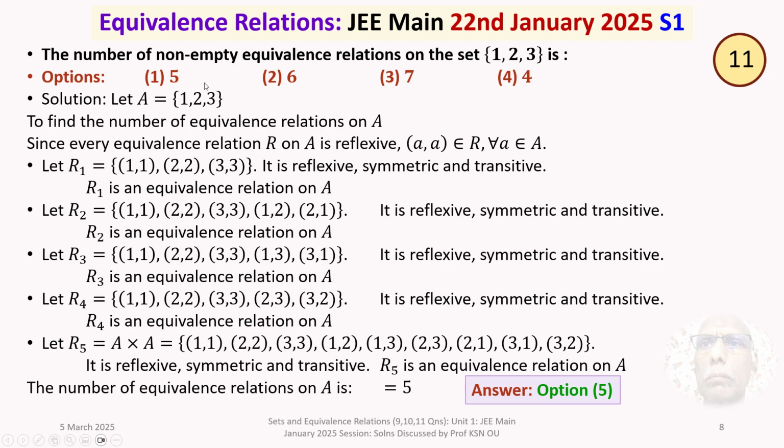There are methods of doing it. Please prepare notes on order 3, order 4, order 5. This is a very elementary method that I have shown you, and it is worth making notes on the number of equivalence relations on sets of 3, 4, 5 elements. That will be interesting and useful to you.